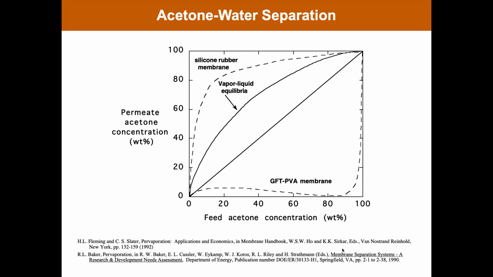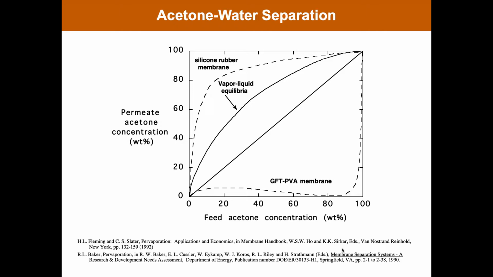Now you can go to very high acetone concentration, and the permeate has almost negligible acetone, so you get almost pure water out. So depending on the membrane material and the components being separated, you can select for, in this case, the more hydrophobic acetone or the much more hydrophilic water.